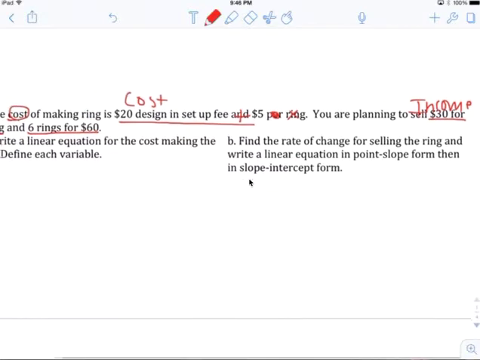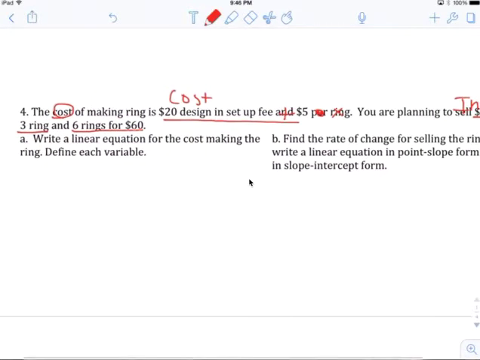Okay, so write a linear equation. One answer. Write a linear equation for the cost in making the ring. Okay, the cost is y equals $20 right here, right there. Y equals 20 plus $5 per ring. X equals the number of rings.